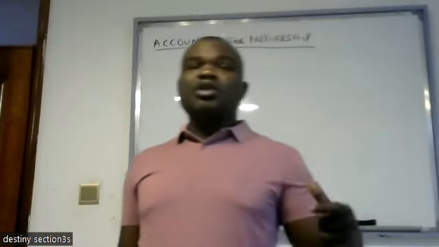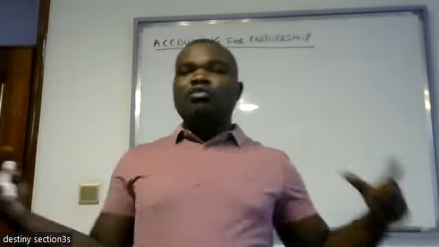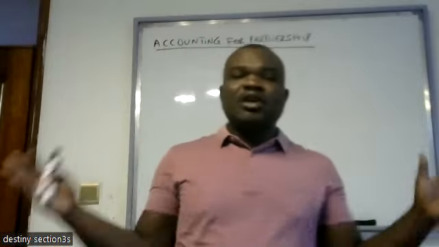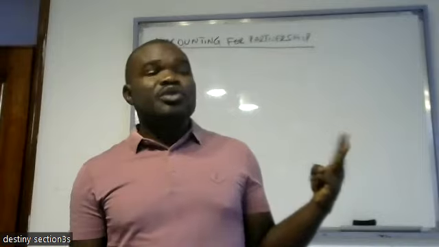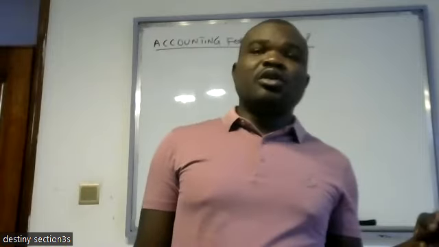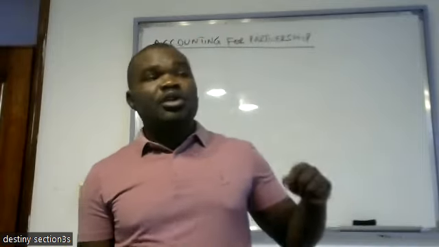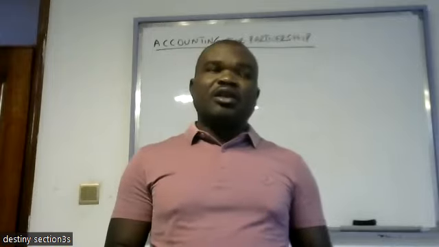Accounting for partnership where there is amalgamation, whereby two or more different partnership firms join together to form a single partnership firm. And the third one, which we used to cover, is conversion of a partnership firm into a limited company.